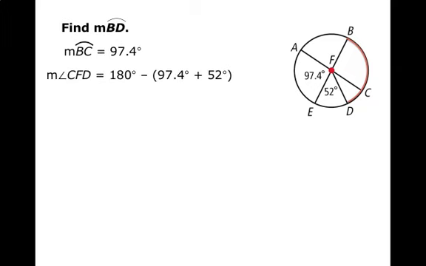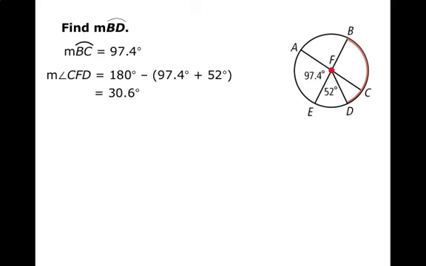To find the measure of angle CFD, BE is the diameter of the circle, which cuts the circle in half. So we know that the measure of angle EFD, DFC, and CFB added together will give us 180 degrees. So we need to add the two that we know, the 97.4 and the 52, and subtract from 180.